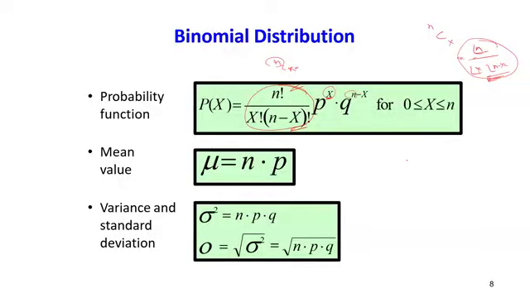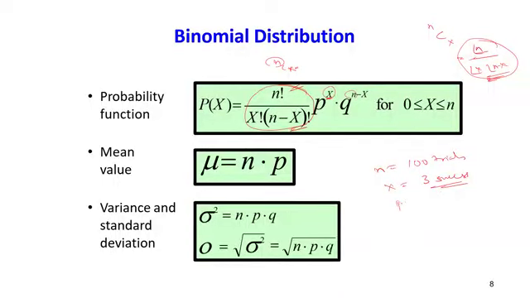For example, if I say out of 100 trials, what is the probability that I may get 3 successes? So here n is equal to 100, x is equal to 3.